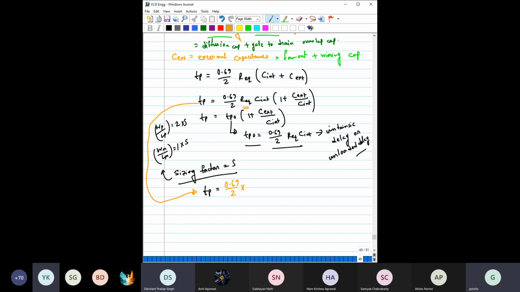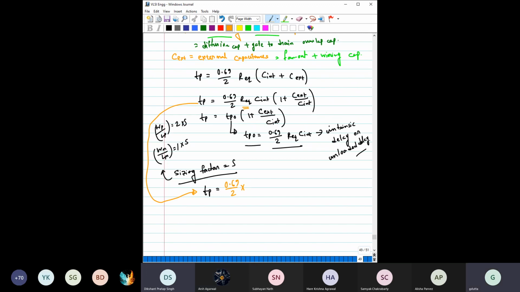Jyoti Prakash? Sir, I don't think it will change because in the formula it was dependent only on VDD and IDS, and VDD is external supply, it cannot change.